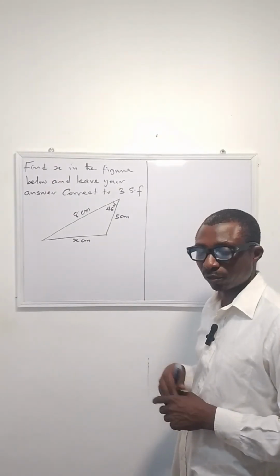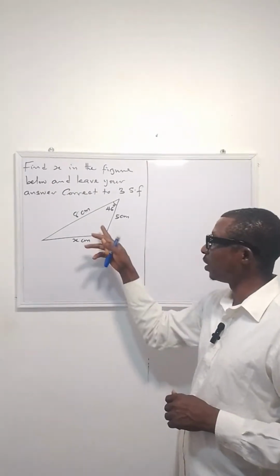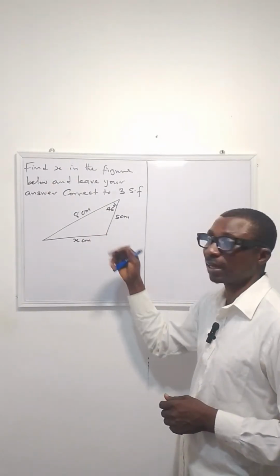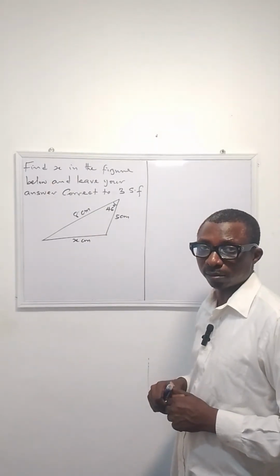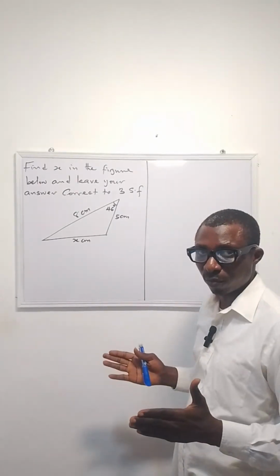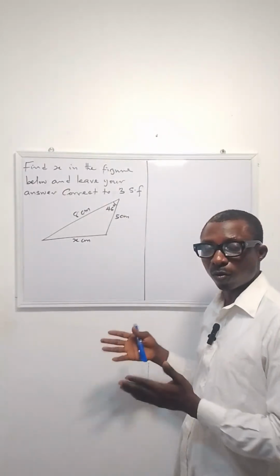Now, the next thing is to begin to look at my trigonometrical ratios. That will not work here because this is not a right angle triangle. All right. So once I discover those cannot work, the next thing is to begin to think of sine rule or cosine rule.